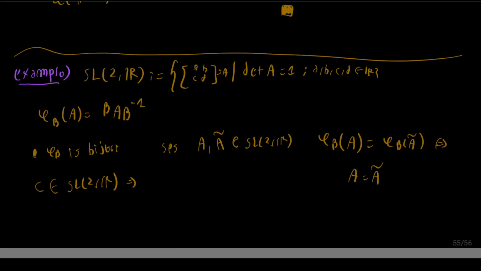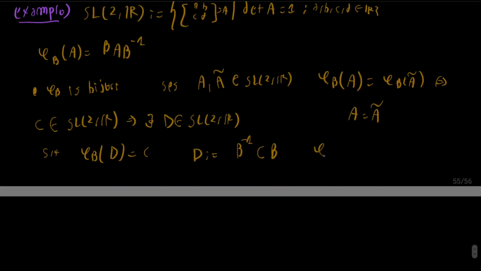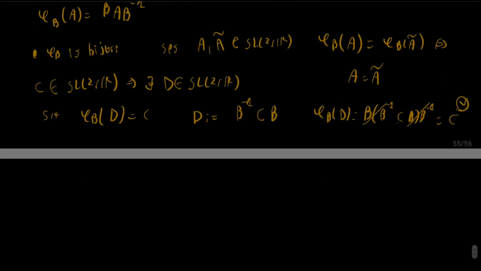Then there exists a matrix D in SL2R such that phi of B of D is equal to C. This matrix D is equal to B to the minus 1 times C times B. Let's see why that works: if we take phi of B of D, then this is B times B to the minus 1 times C times B times B to the minus 1, but these are just the identity. This reduces to C, and so this works out.